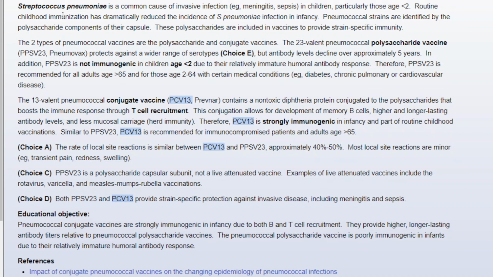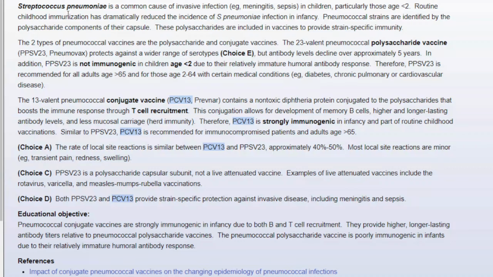Those polysaccharides are included in vaccines to provide strain-specific immunity. The two types of pneumococcal vaccines are the polysaccharide and the conjugated vaccine.